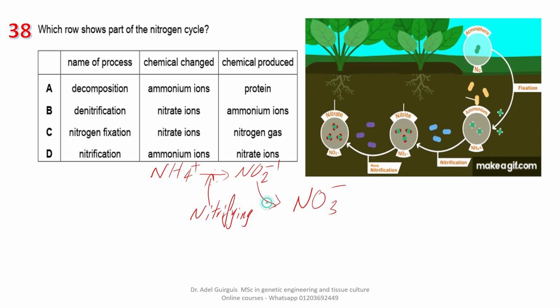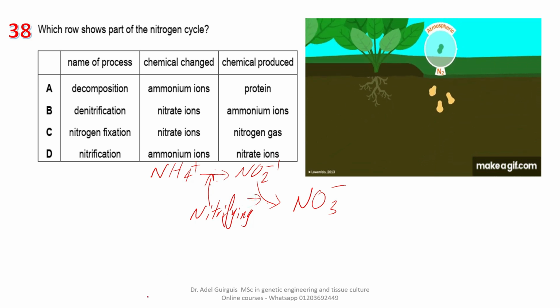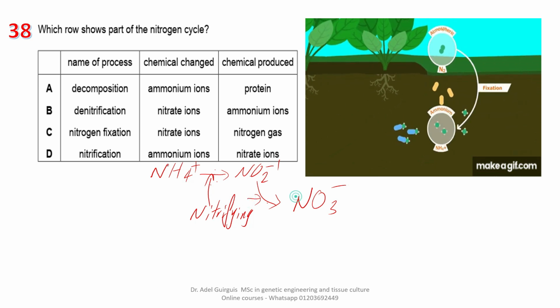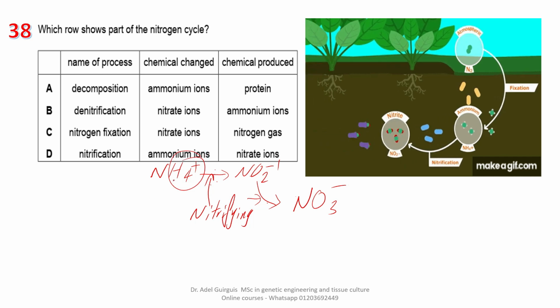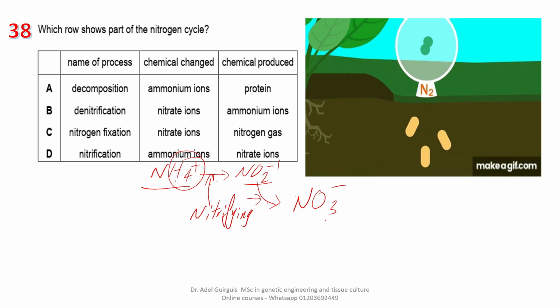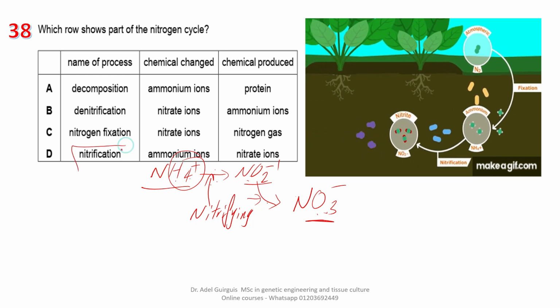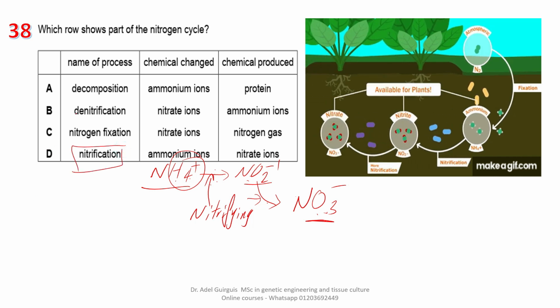Here also by nitrifying bacteria in both arrows. This is an oxidation process where hydrogen is removed from the compound and replaced with oxygen, with an increasing number of oxygen atoms. This oxidation process is called nitrification. So the answer is D.